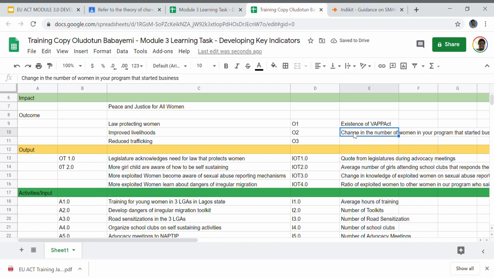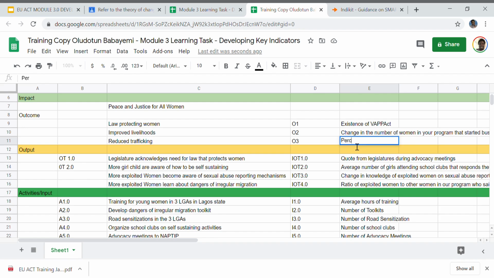If you have 200 women in your program, not all can start. Maybe a few of them. Then reduce trafficking, right? This can actually be non-numerical.